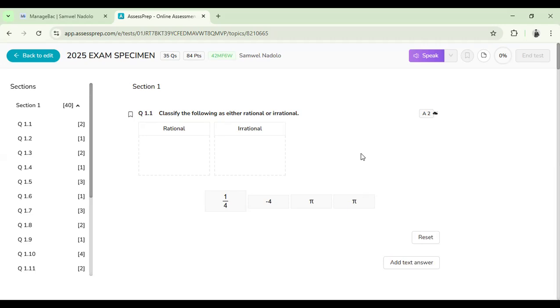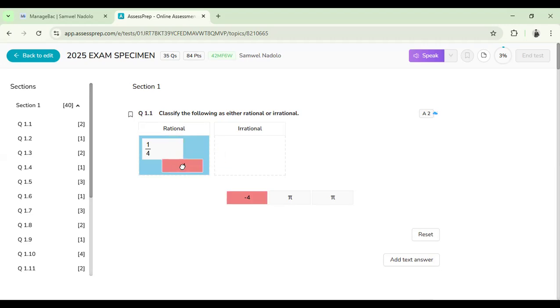That's a fraction. So anything of that nature will fall under rational. So you're going to drag 1 over 4. These are fractions, so it's rational. Look at -4. -4 can be expressed as -4 over 1, so it's also rational.